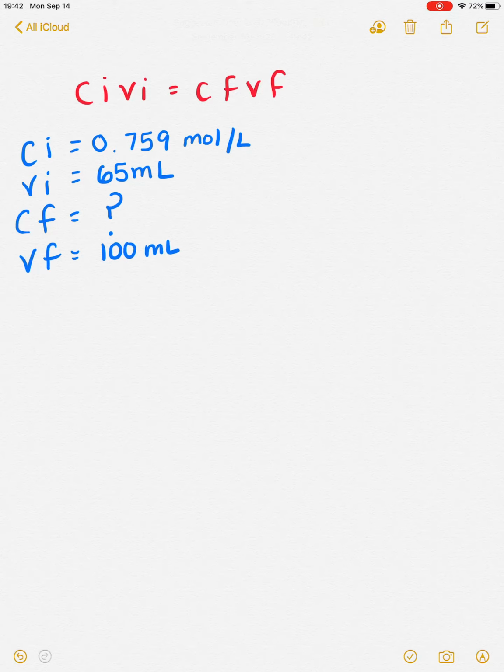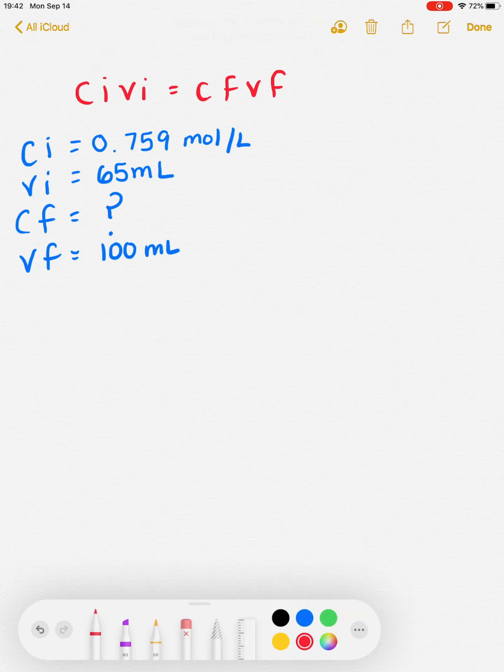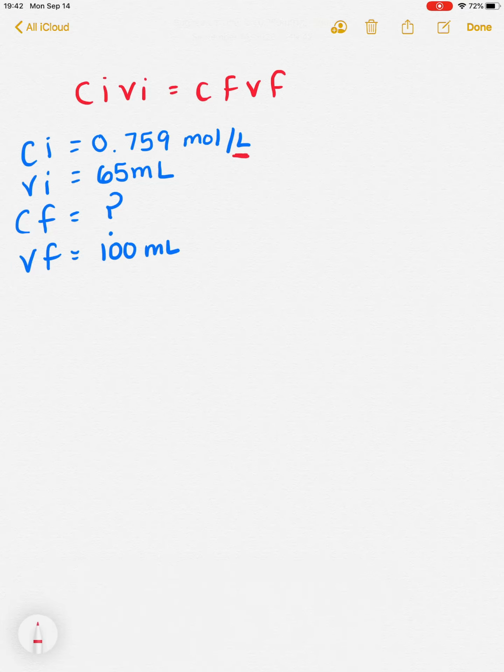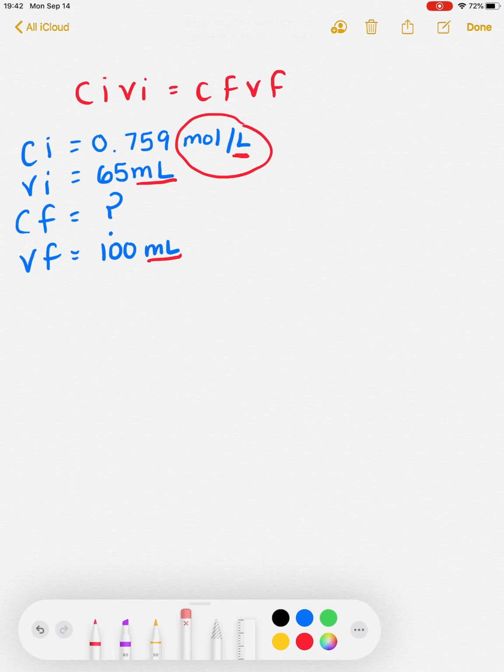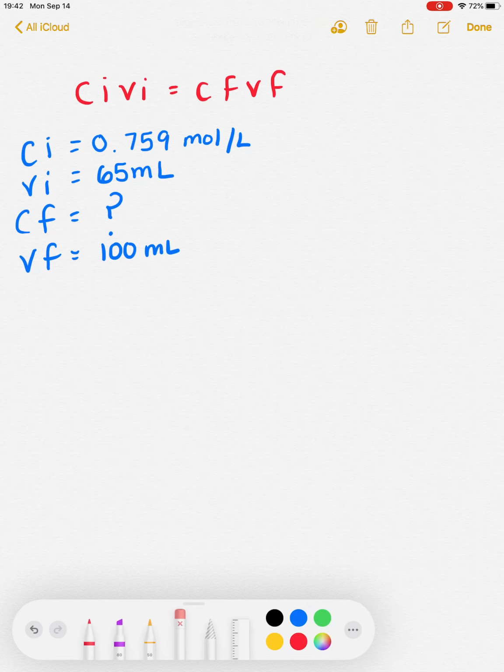But something that's really important before we do that is that we need to have our volumes in liters. See how this says moles per liter? So we're going to have to change our milliliters into liters.